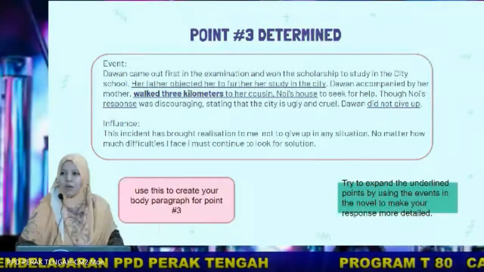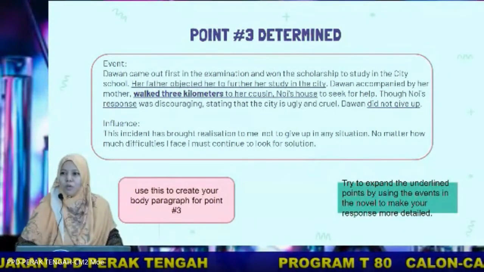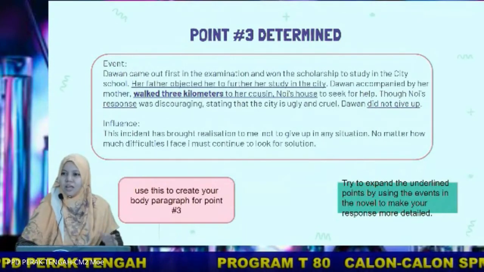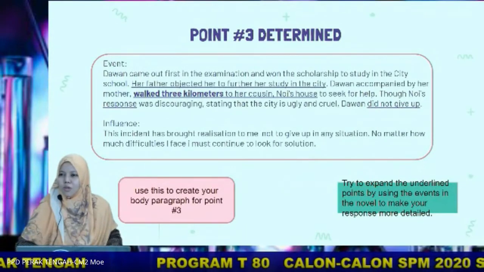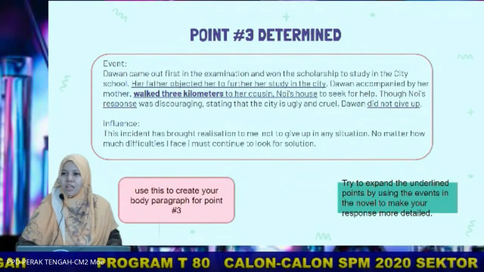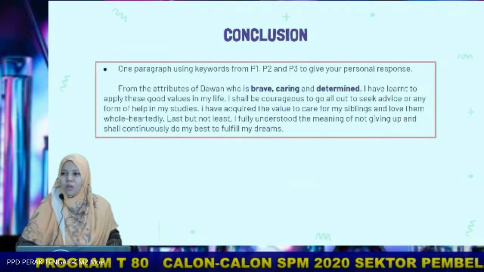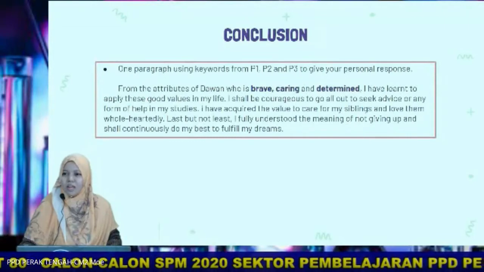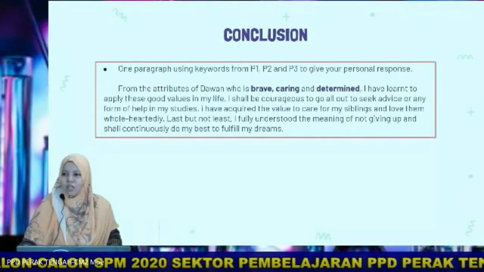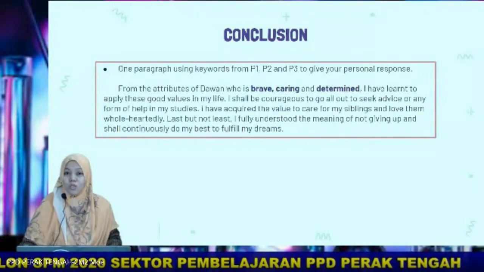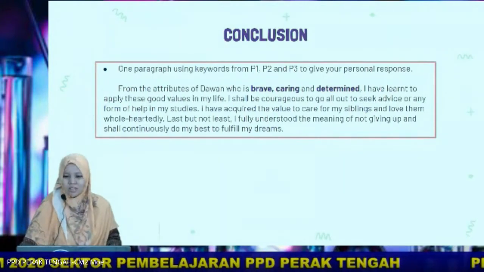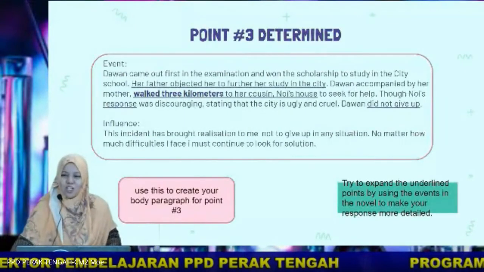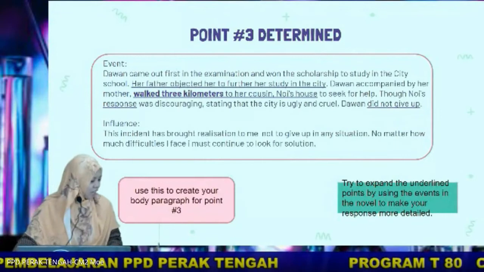Instead of giving up, Dawan created another plan to go and see people to achieve her dream, yes, as someone said just now, go to see the head monk. She still insists on going to the city, although others tried to discourage her, yes, Hafiz Kowi. No, Aina: Dawan did not change her mind to go to the city and she wants to see the city for herself. Okay, that's good everyone.